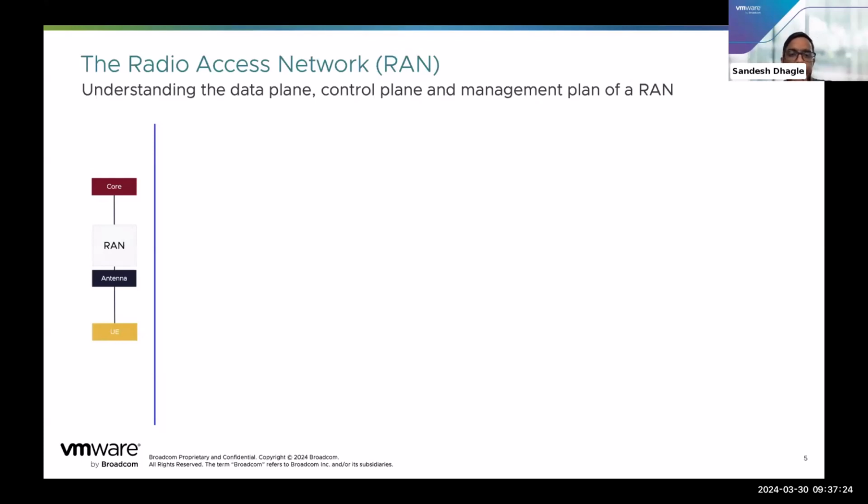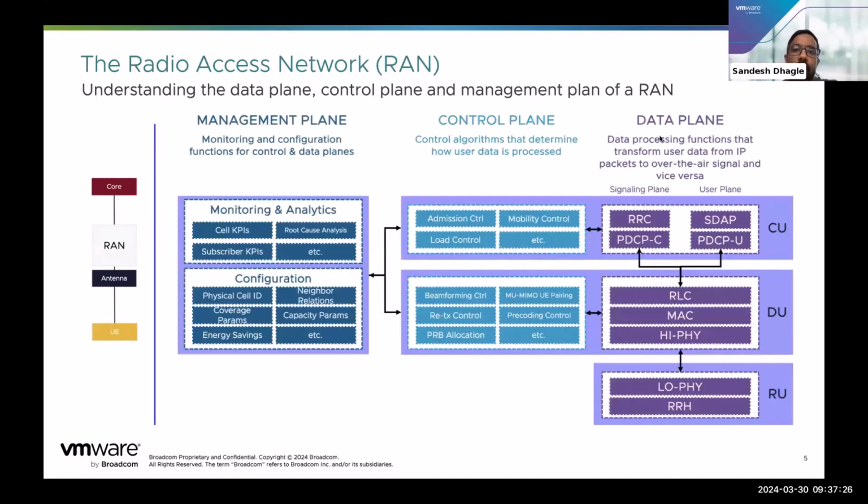So traditionally, the RAN software has been tightly coupled with the hardware that CSPs used to buy, right? So this software had three primary components. One was the management plane, the other was control plane, and the last one was a data plane, right?